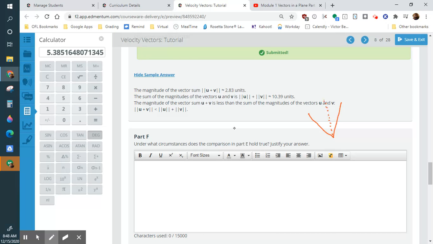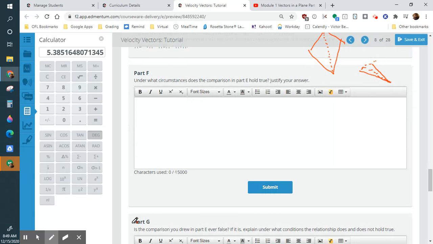Obviously, this ends up looking a lot shorter than if we had the magnitudes by themselves. The reason why it ended up getting smaller is because some of the vectors were in opposite directions. So under what circumstances is it true?